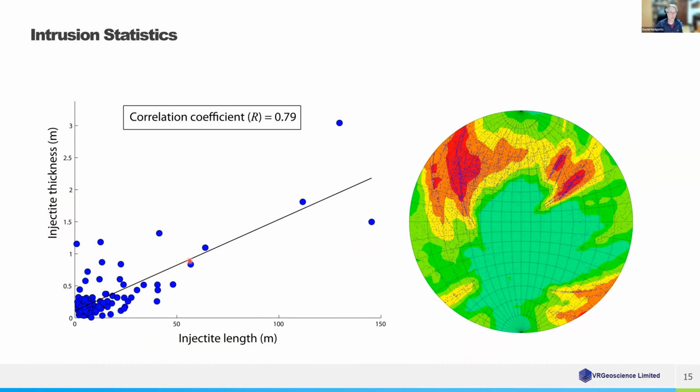Some of this will be down to censoring effects of the outcrop compared to the orientation of the intrusions. The intrusions are not always well exposed. The sediments are very soft here, so they tend to get covered up. We know that the length measurements that we made were nearly all apparent lengths.